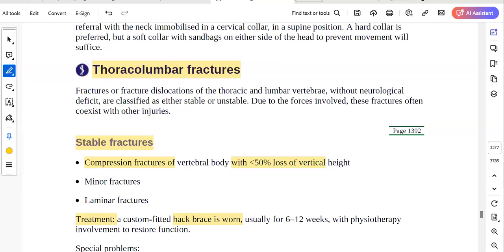Okay, so bed rest has to be done, and they can put on a back brace. And also, because one of the most common causes of thoracolumbar fracture is compression fracture, once the patient is a bit stable, you also send the patient for a bone density scan or a DEXA scan, and that can confirm if the patient has got osteoporosis or not. Okay?